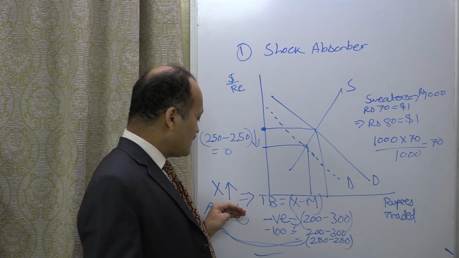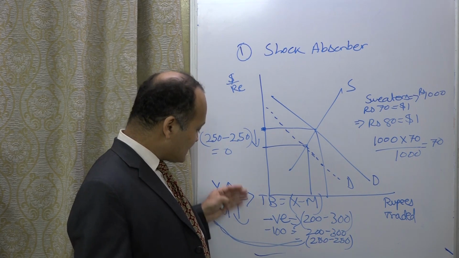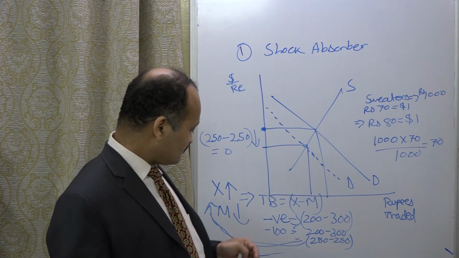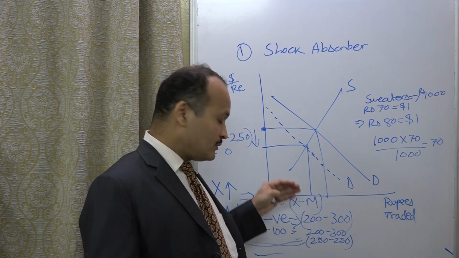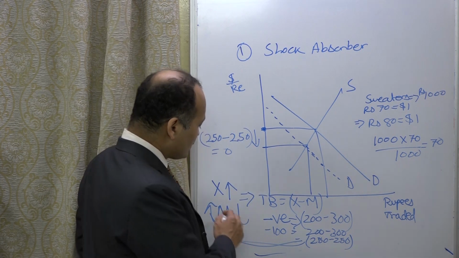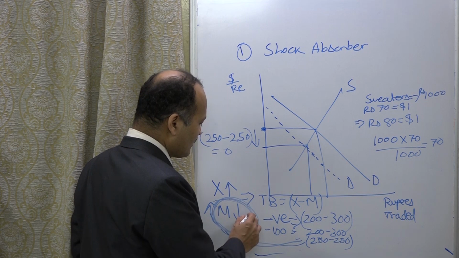That means if imports had been elastic, responding to prices, then as the exchange rate depreciated, imports should come down. What we are saying is that this fall in M is not coming about.